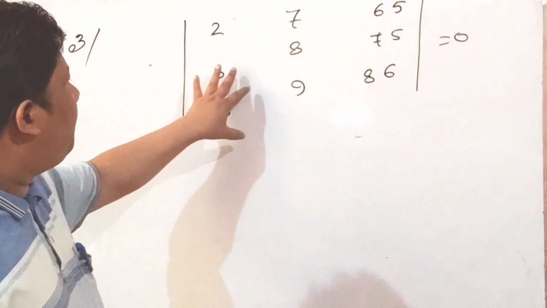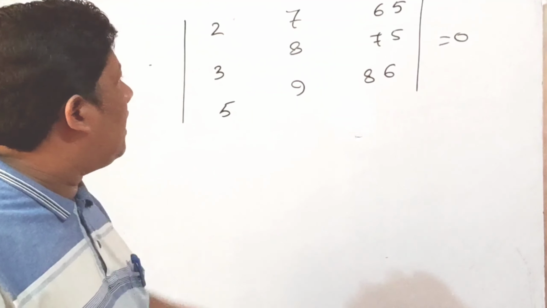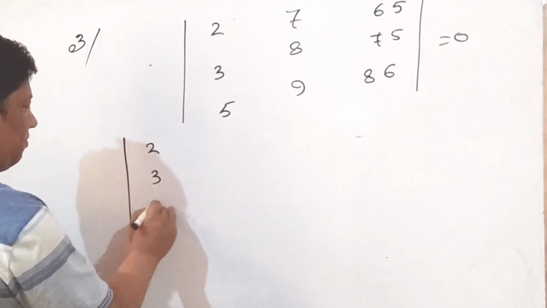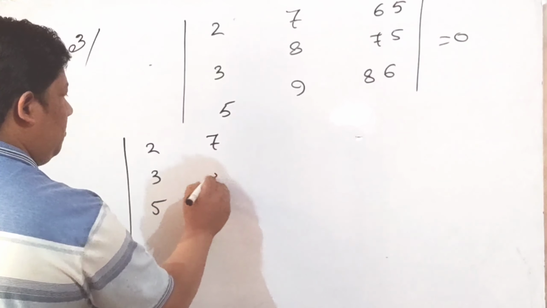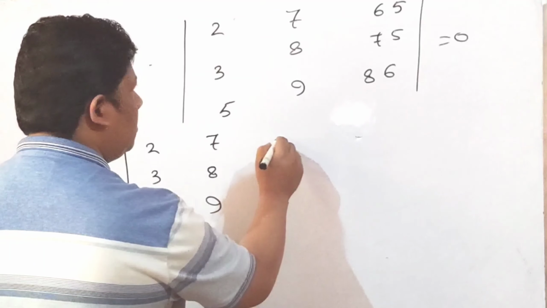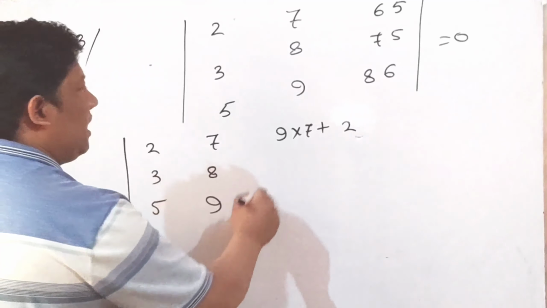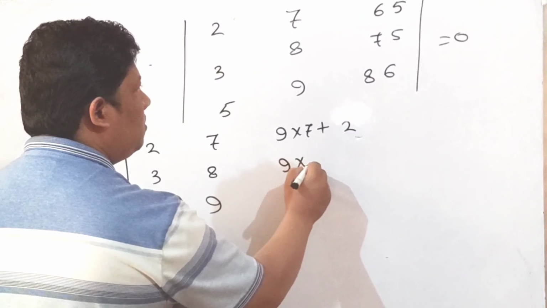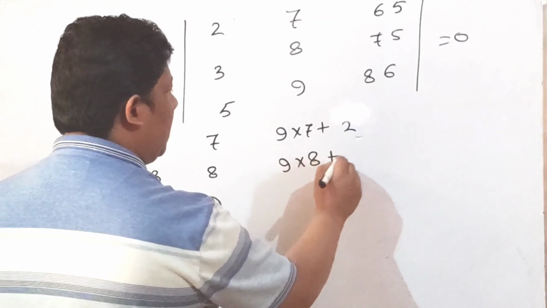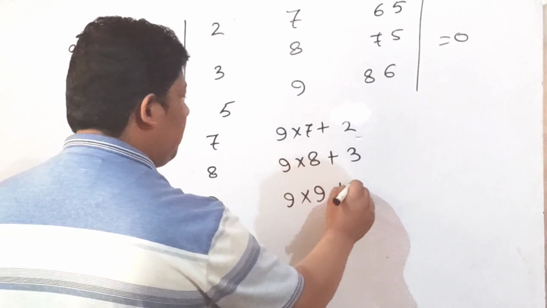So look here, if you watch these numbers carefully, then I get C3 like this: 2, 3, 5 and 7, 8, 9. This number is calculated as 9 into 7 plus 2, 9 into 8 plus 3, 9 into 9 plus 5.